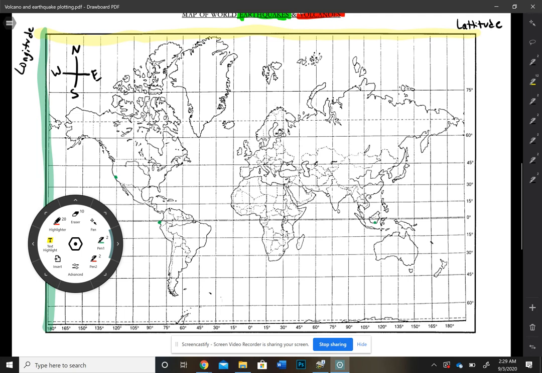23 north, 88 east. Okay. 23 north. Looks like around there. 88 east. Right there.